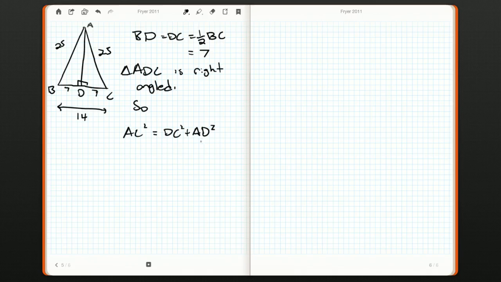So why are we setting it up like this? Well, we want AD, we want the altitude. So 25 squared, let's write the 5 a little better.